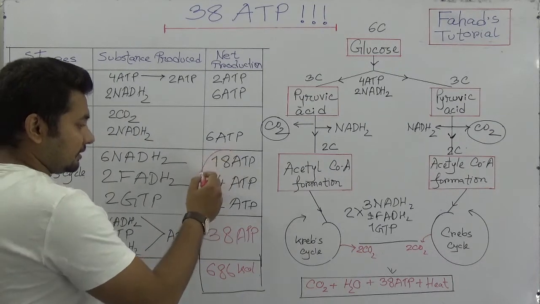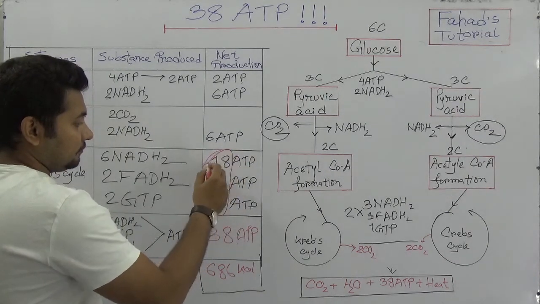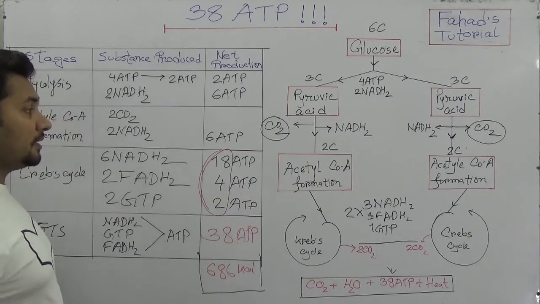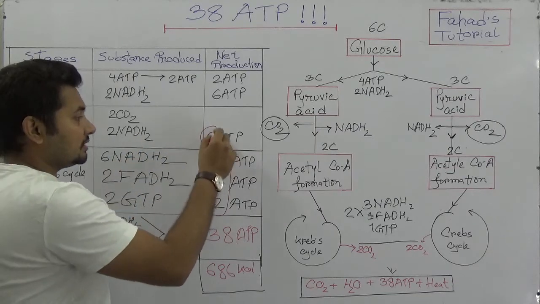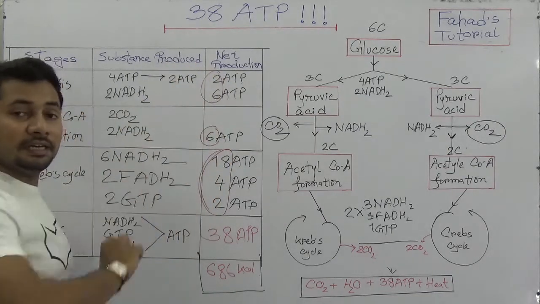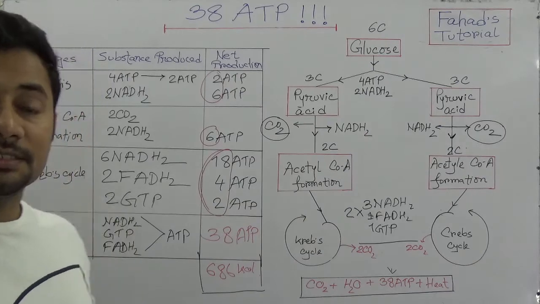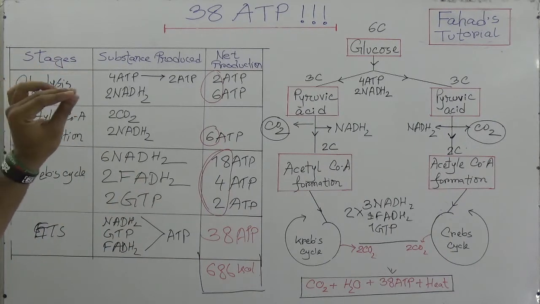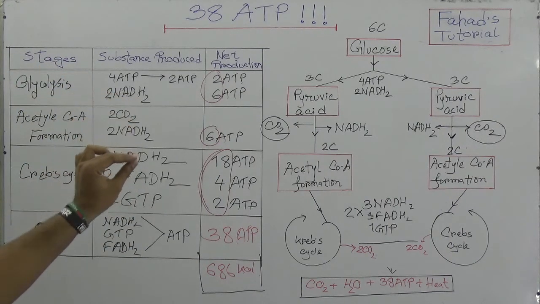So altogether 24 ATP is produced in the Krebs cycle. In acetyl-CoA formation, 6 ATP. In case of glycolysis, 8 ATP. So these questions can be available in MCQs, and of course you can see what exactly the processes going on in all steps are.